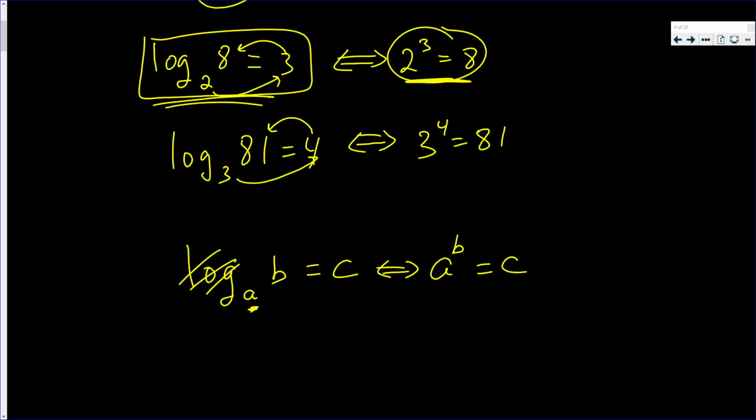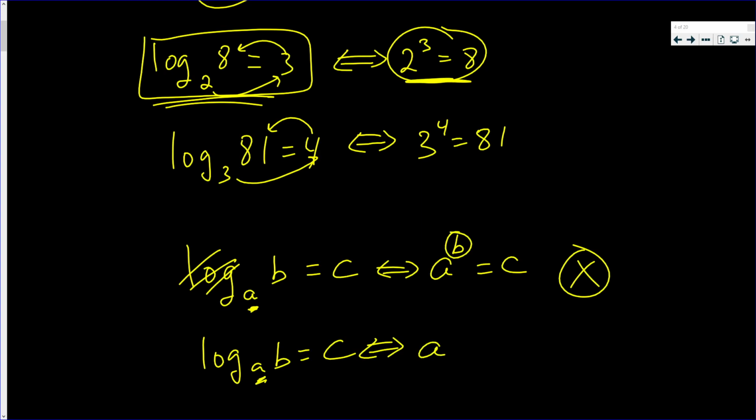But then log has no meaning. So that's not going to be true. So the other thing is, again, assuming A is the base, if the power can't be B, then it can only be C. And that one is correct. A to the C equals B.